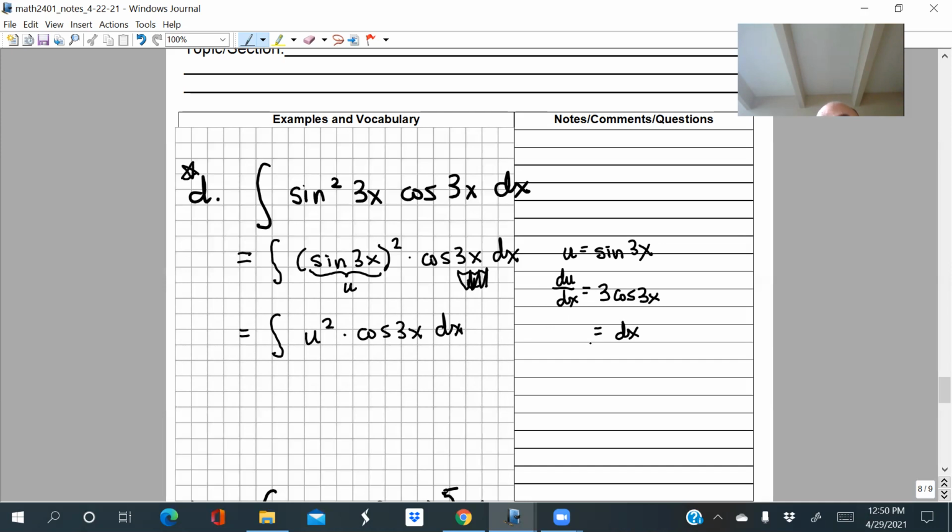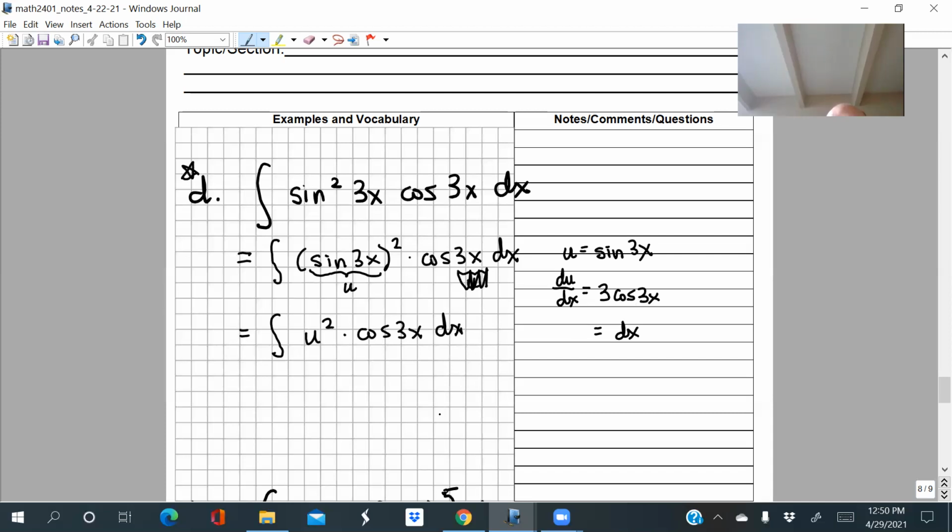All right, so Mohammed, are you there? Can you solve this for dx to help Zachary there with solving for dx? Mohammed, are you there? Yes, sir. So Mohammed, we want to solve this equation: du over dx equals 3 cosine 3x. We want to solve that for dx. How would you solve that for dx?